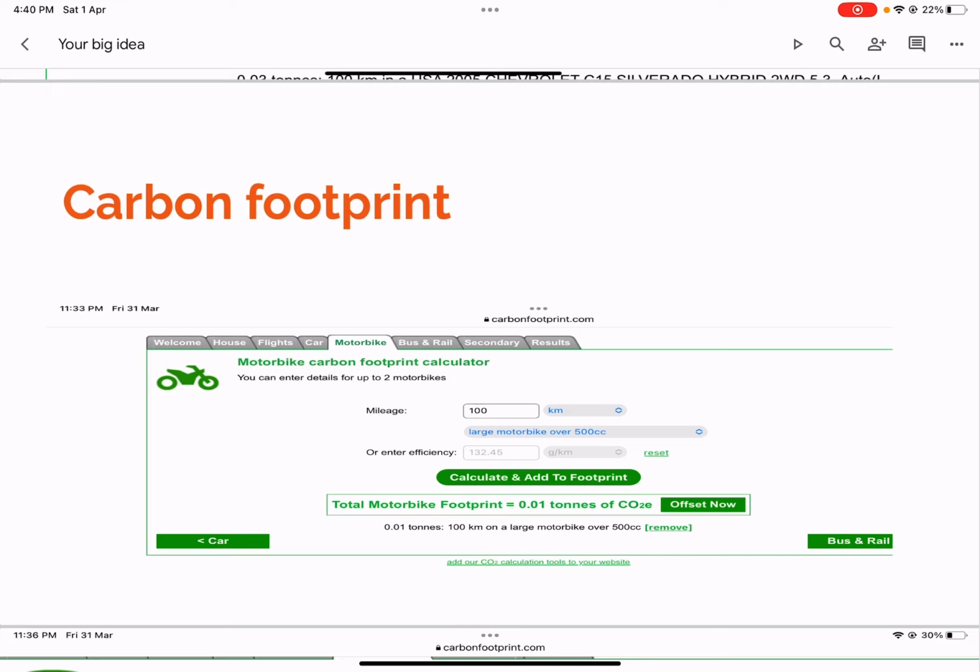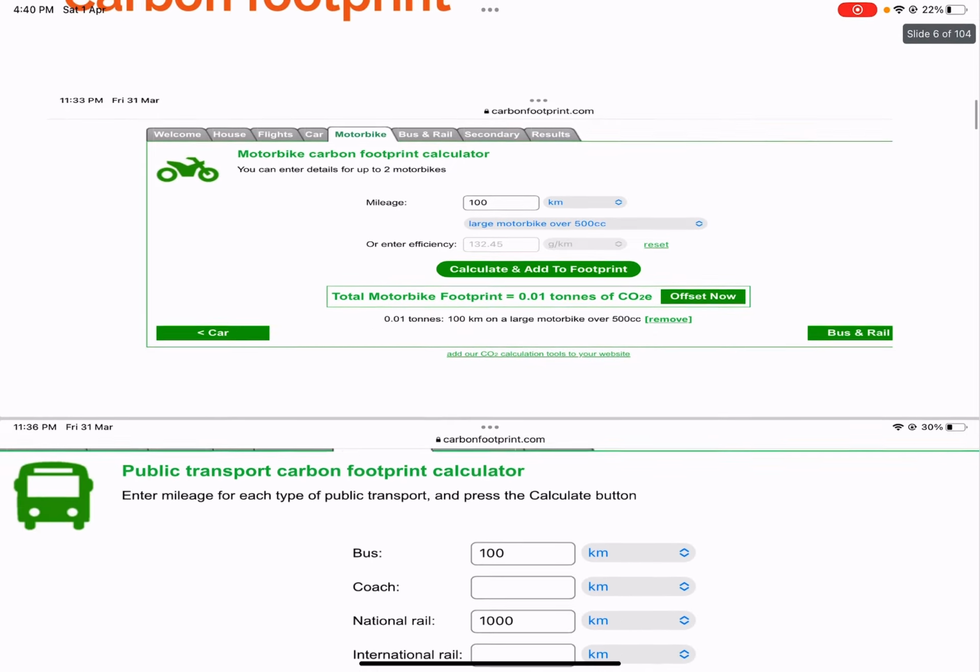If you are asking, then the calculator would do the calculations, as would be explained later, and arrive at the carbon footprint of the motorbike. So the motorbike carbon footprint, for example, if the travel is 100 kilometers with a vehicle of 500 cc, comes to be 0.01 ton of CO2 equivalent, like this.